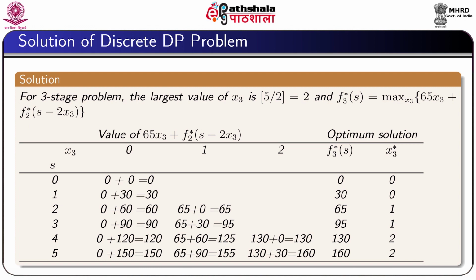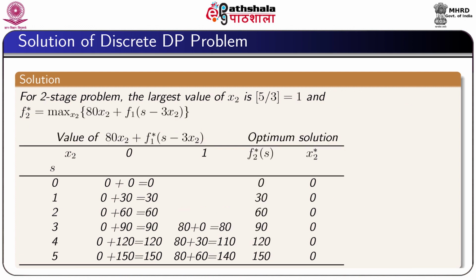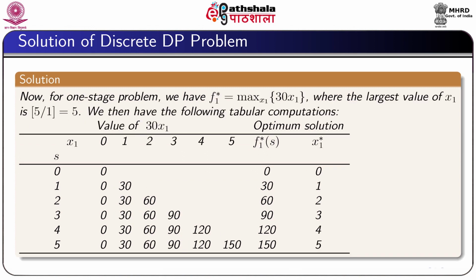So, when x3 takes 2, we have the remaining value of s equal to 1, and from the previous table we see that when s takes 1, we have x2 star equal to 0, and when x2 star equal to 0, then from table 1, we find x1 star equal to 1.